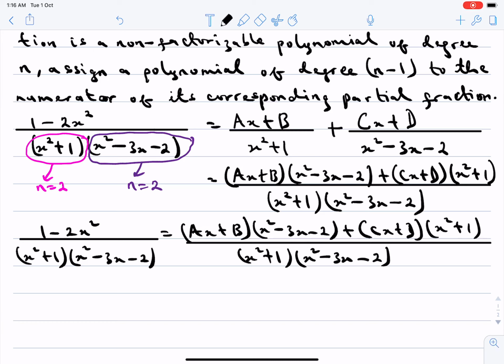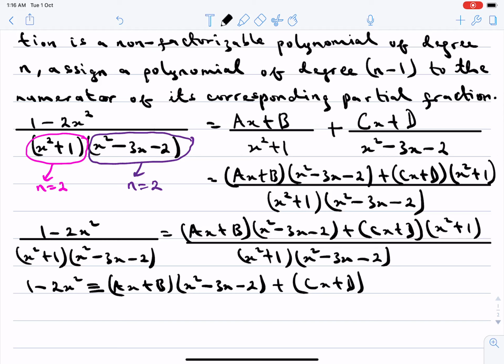Since the denominators are the same, the numerators are also equivalent. That means 1 minus 2x squared is equivalent to ax plus b times x squared minus 3x minus 2 plus cx plus d times x squared plus 1.